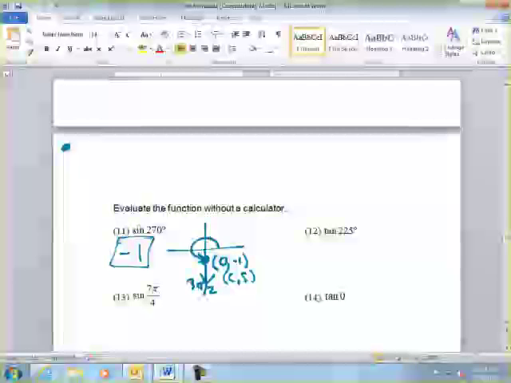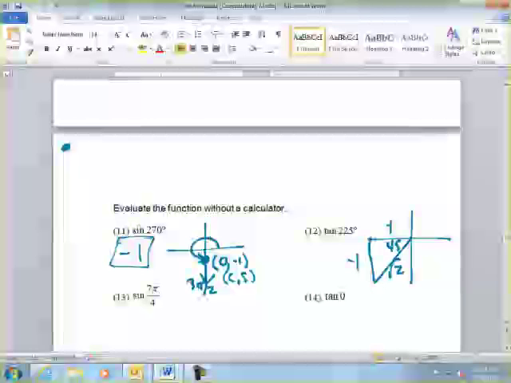Okay, for 225, if I graph that, where does that land? In the 3rd quadrant. How far past the 180? 45. Connect up with the x-axis, always the x-axis, to make a right triangle. 45, 45, 90 needs to be memorized. What are the sides of the 45, 45, 90? 1, 1, and square root of 2. Anything need to be negative in this triangle? The top and the bottom.